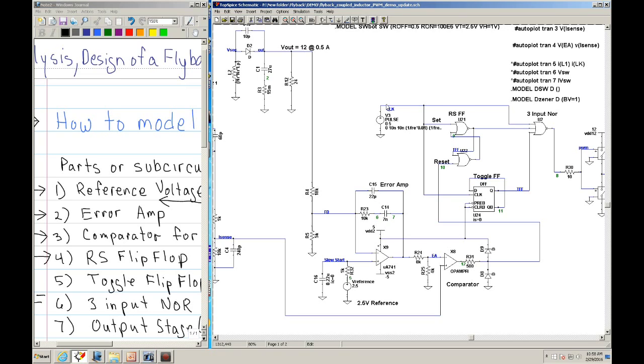It's fed to this NOR, it's fed to the set of the RS flip-flop, and it is also fed to the clock of your toggle. These 3 inputs are fed into your 3-input NOR. That covers the 3-input NOR, with its 3 inputs, and the toggle.